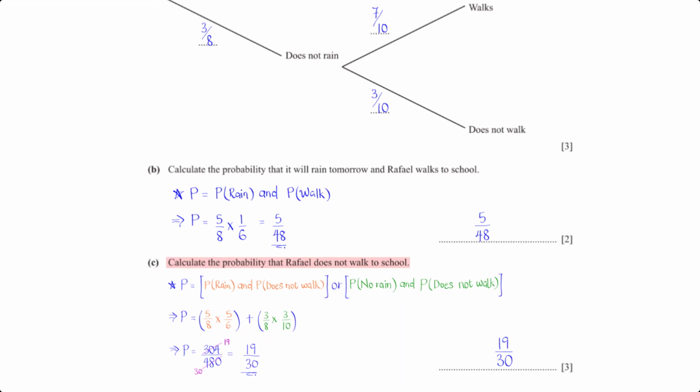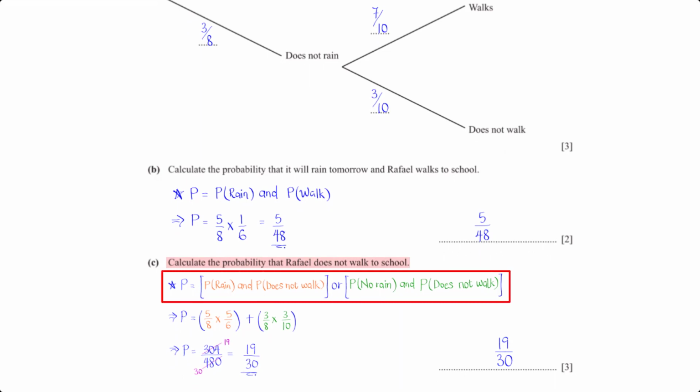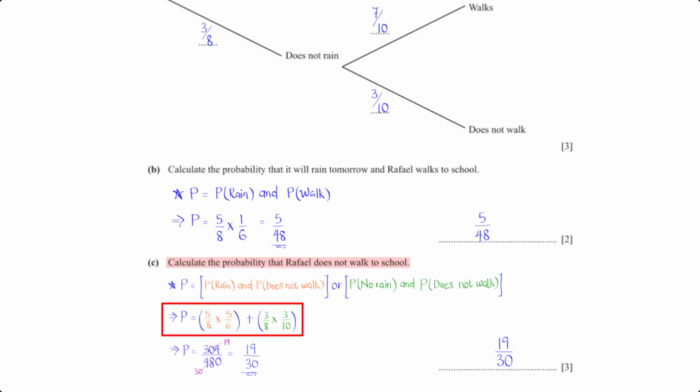Calculate the probability that Raphael does not walk to school. There are two scenarios in this case: the probability that it rains and he does not walk to school, or the probability that it does not rain and he does not walk to school. The probability that it rains is 5 over 8.